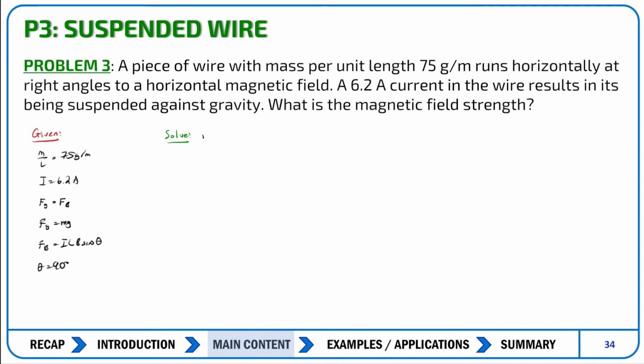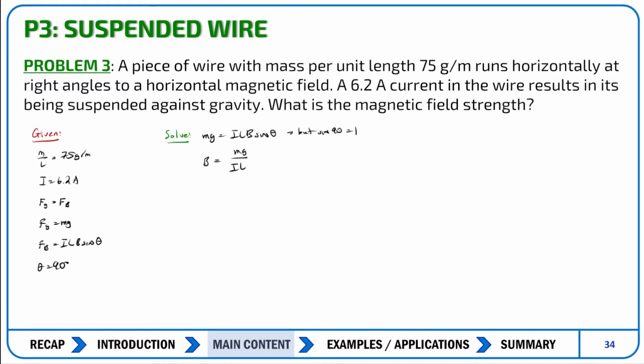So we have mg equals ILB sine of theta. But sine of theta is just equal to 1, because sine of 90 degrees is equal to 1. So that means we have B equals mg over IL.